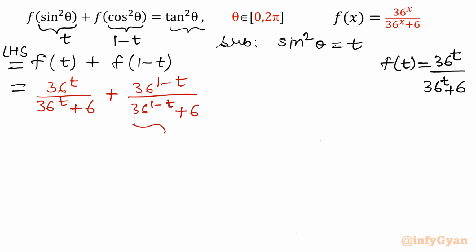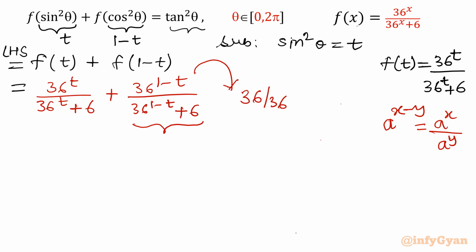Let me solve only this term first because it has a 1 minus something term in the exponent. Using the property a^(x−y) = a^x over a^y, this term becomes 36 over 36^t, over 36 over 36^t plus 6.